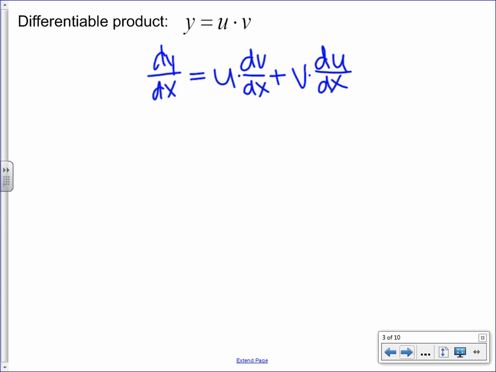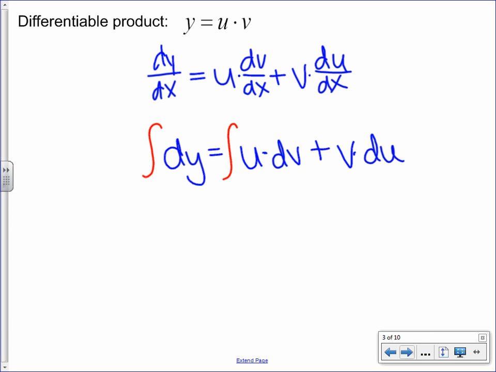So are you okay with me writing dy equals u dv plus v du? Yes. Okay. So we're going to integrate both sides.